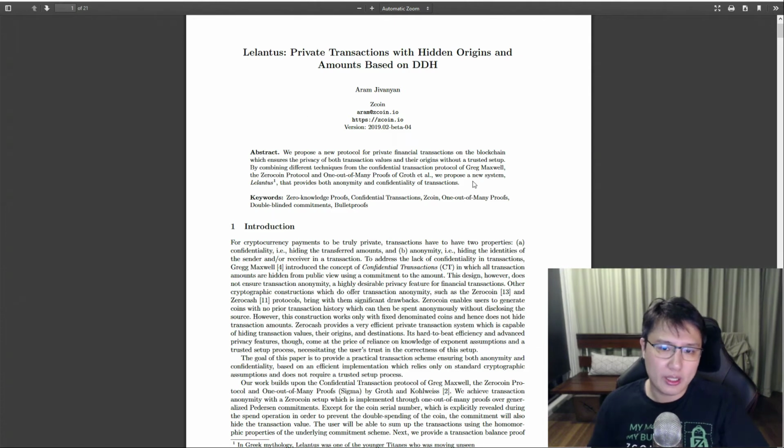If you take a look here, we combine different techniques of the Zerocoin protocol, one-of-many proofs and confidential transactions to build this new system called Lelantus. And Lelantus is named after the Titan Greek god of the unseen, so it's quite apt.